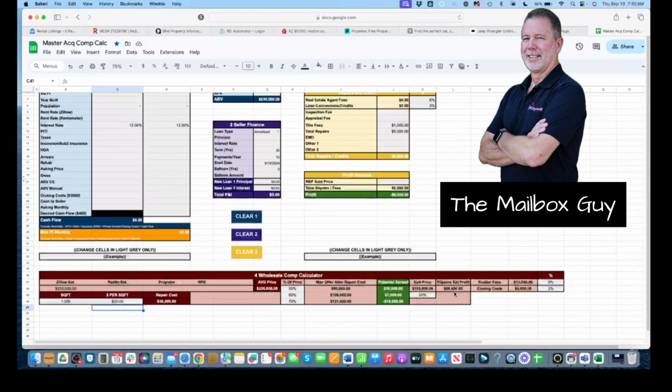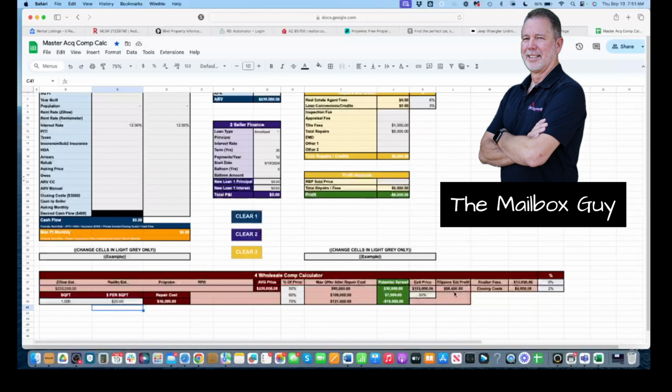So that's a number they are going to have to put in there. But what I'm trying to do is, if you are a true good wholesaler, you are looking at the end buyer, which is your flipper, which is your customer. Can your customer make money?